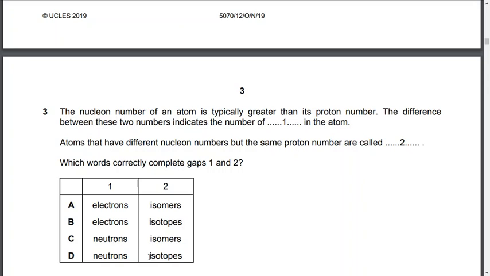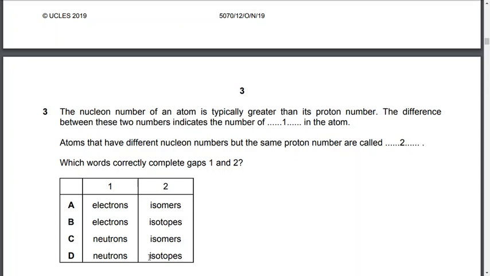I don't have the periodic table right in front of me, so I'm just trying to recall. I'm sorry for the little mistakes, but now I hope I won't make them. So carbon 12 has nucleon number 12, that is proton plus neutron, and the proton number of carbon is 6. When we subtract 6 from 12, we get 6. So it has 6 neutrons, 6 protons, and 12 is the nucleon number.